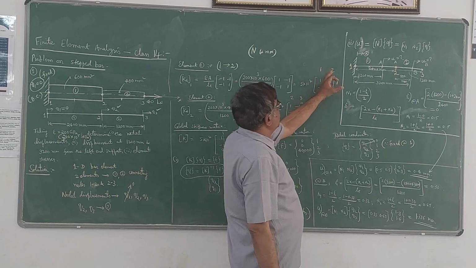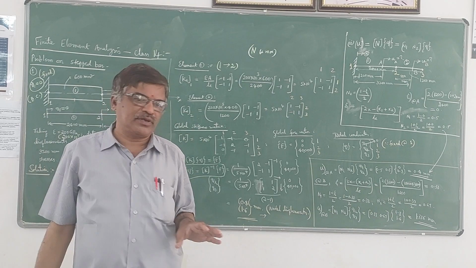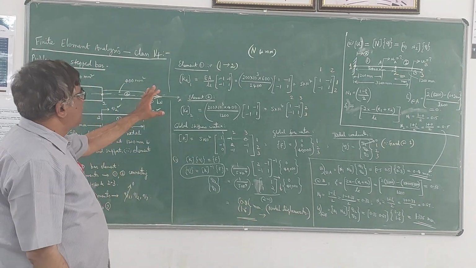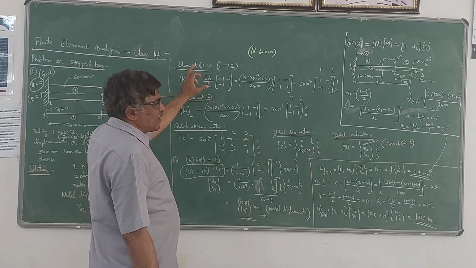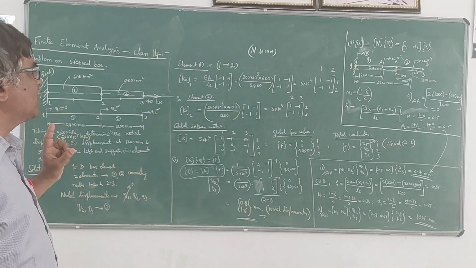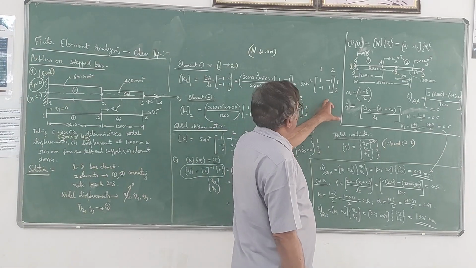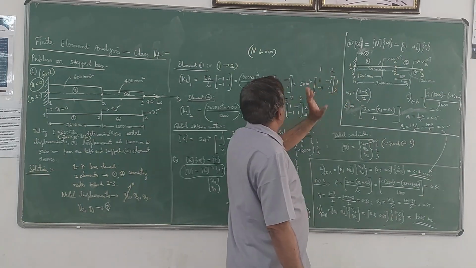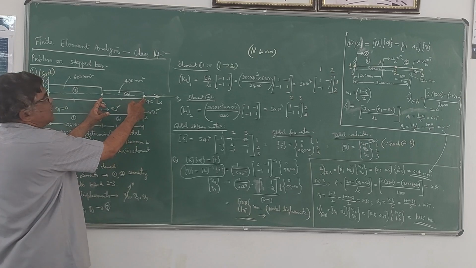These 1, 2, 1, 2 correspond to the displacements at that end for that element. In this case there is only one degree of freedom, only one displacement at each node. Therefore, it is a 2 cross 2 element. So 1 2 1 2 we have to write. Similarly, for the element 2, the second element.